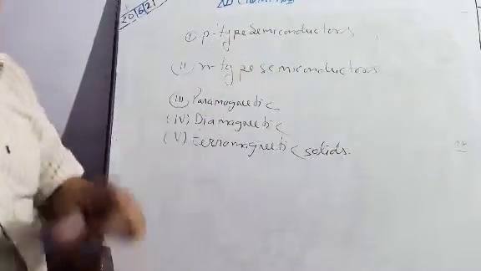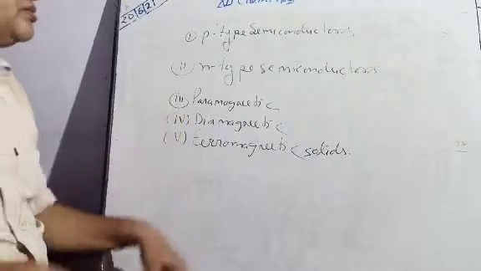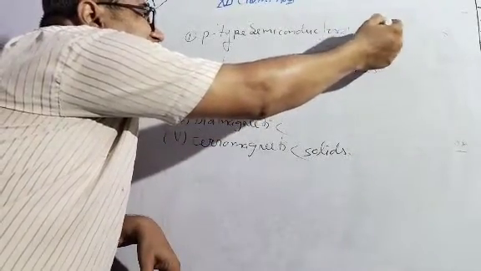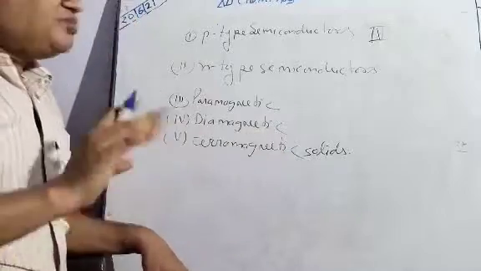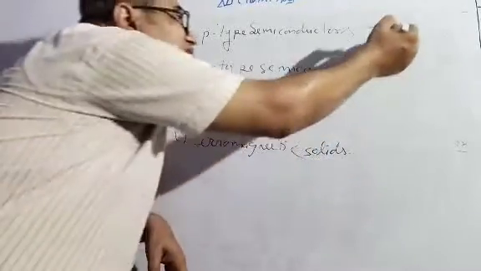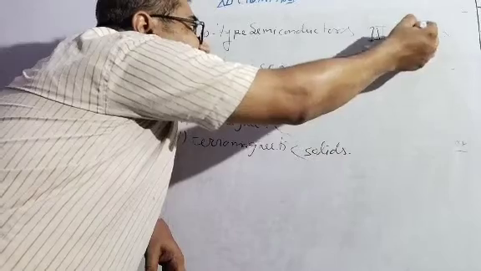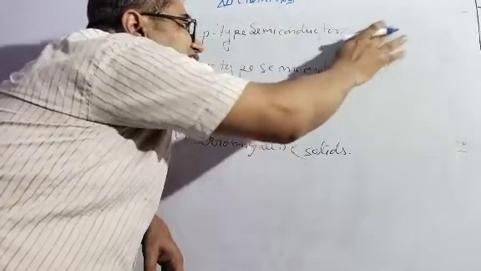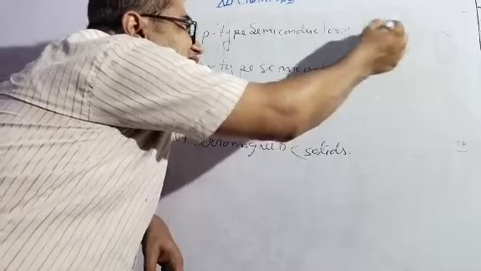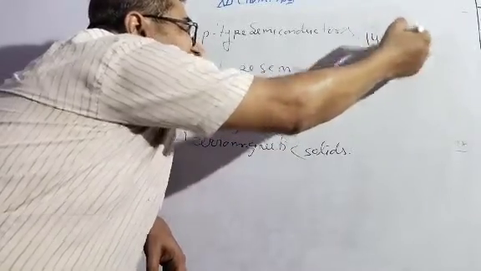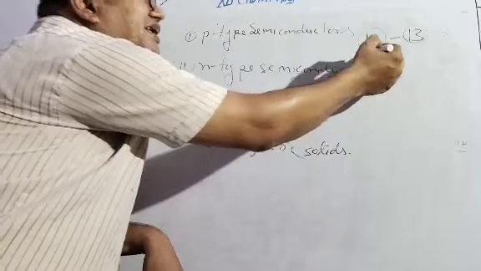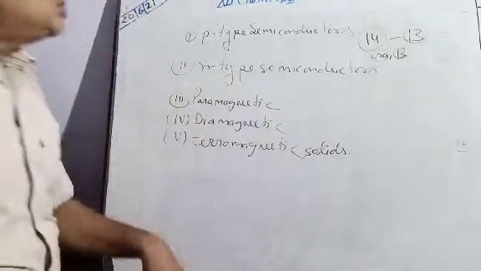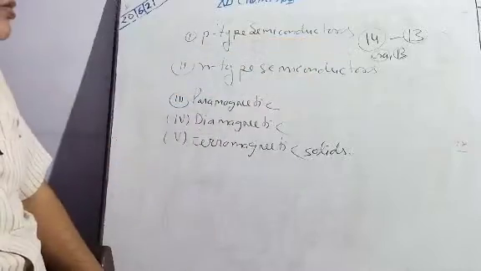P-type semiconductor: whenever we dope a group 14 element with a group 13 element like gallium and boron, etc., p-type semiconductors are found.